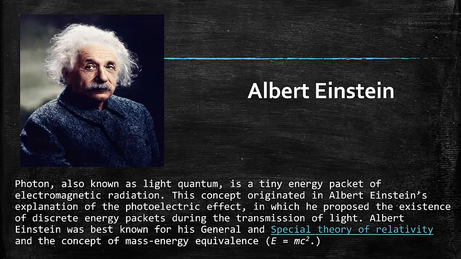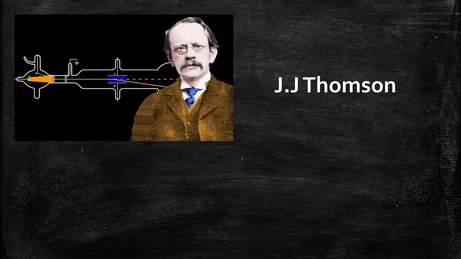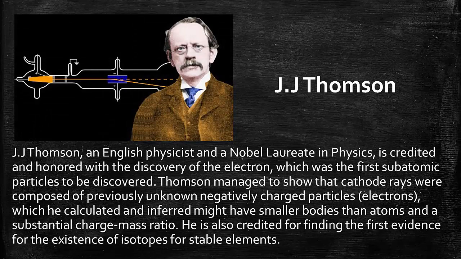Now let us move to the next discovery, which was done by the scientist J.J. Thomson. J.J. Thomson was an English physicist and Nobel laureate in physics. The major discovery of J.J. Thomson was the discovery of the electron, which was the main elementary particle of the atom, and also the first subatomic particle to be discovered.